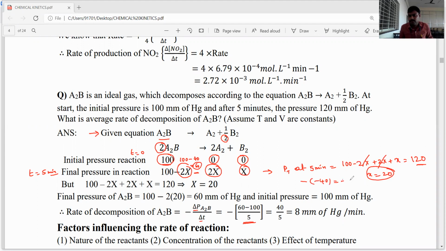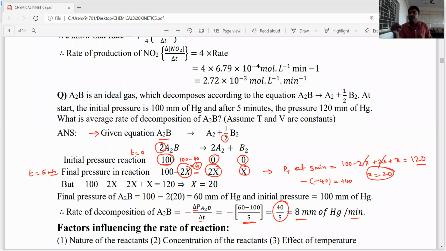Then 40 by 5 is equal to 8 mm of Hg per minute. So the average rate of decomposition of A2B is 8 mm of Hg per minute in terms of pressure. We know very well, dear students, the pressure is directly proportional to concentration. That's why, in place of concentration, we are taking the pressure change.